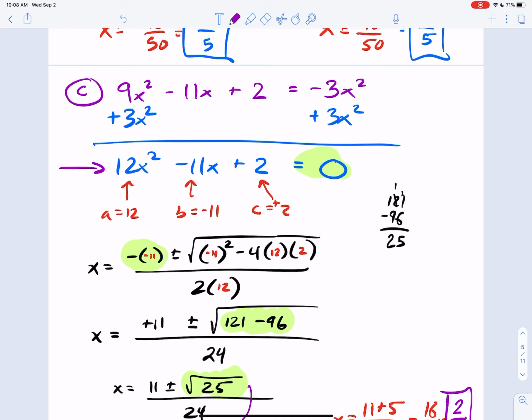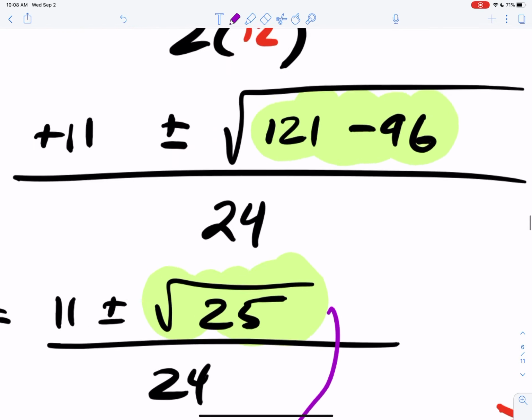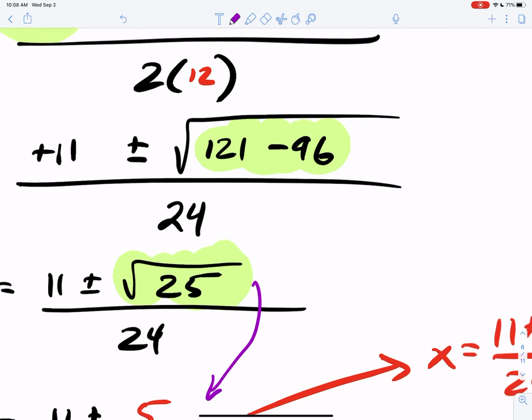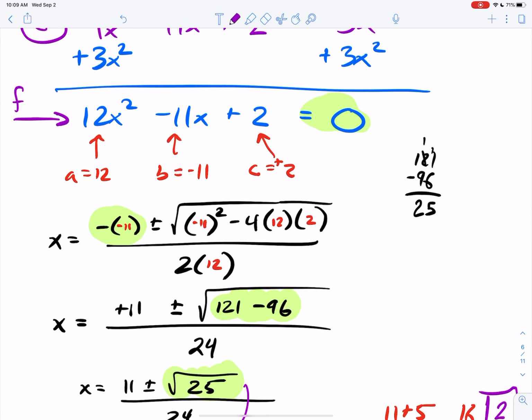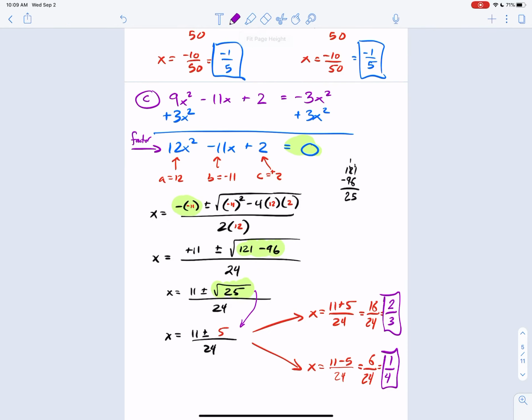I'll say that one more time, okay? If your square root comes out perfect, okay, where you can square root it, that meant that it was easier to factor. So just keep that in mind. You won't know until you try to factor, right? But again, I'm just focusing on the quadratic formula, so let's move on.